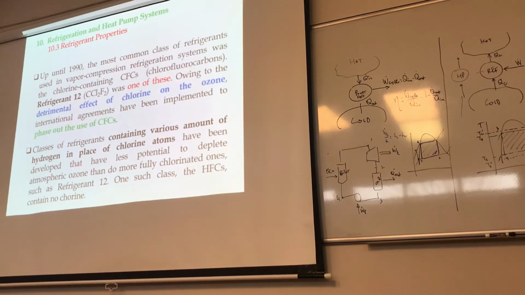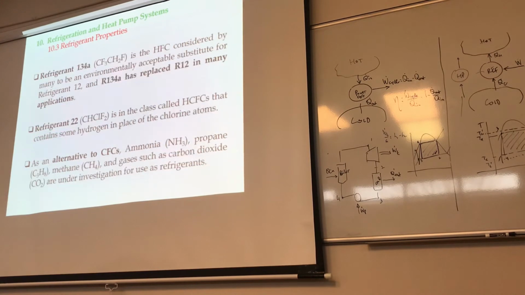They have been developed and have less potential to deplete the ozone than more fully chlorinated ones such as R12. Now we have the HFCs, which contain no chlorine. What to retain from here is that chlorine was recognized to be bad, and steps were taken to phase it out, and I don't think we now have anything that's got those.